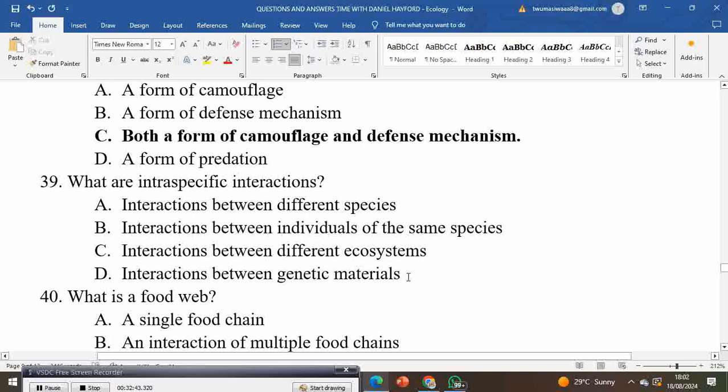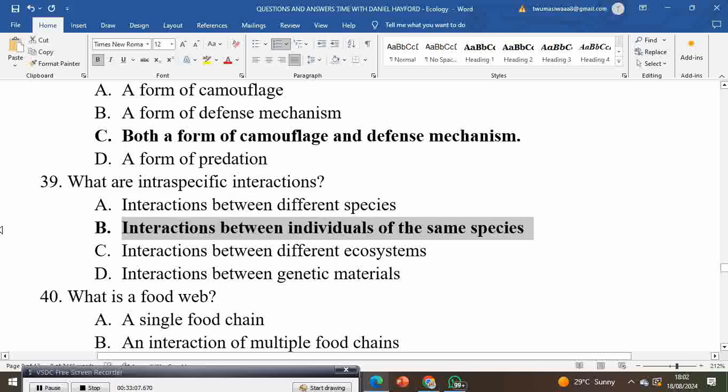And then the interaction between genetic materials. I think this question has been repeated twice. Intraspecific means interactions between individuals of the same species.